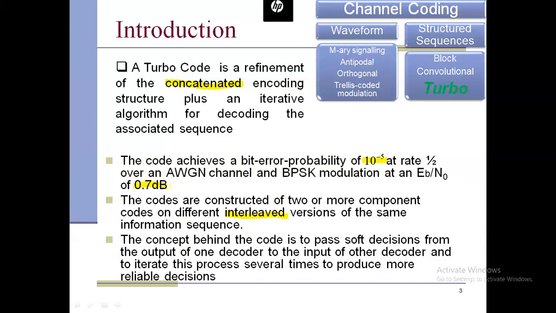So at such a low Eb/N0, with just a code rate of 1/2, we can achieve the probability of error 10 raised to power minus 5. That is, in fact, the advantage of the soft input and soft output decoding method. So we need to learn what this soft input, soft output decoding method is.